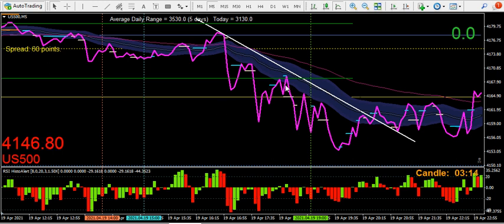So if you're thinking about this divergence here and you're looking at your price, there's a number of things that I now consider to be really important as a scalper. That's the pivot points and the Asian session high and low.